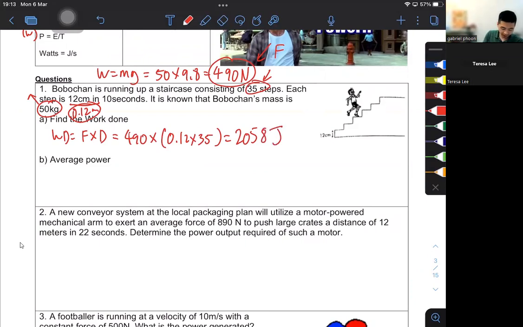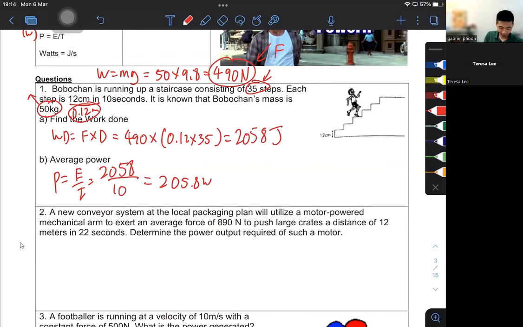Okay. Then after that, you're supposed to get the power, which is energy over time. In this case here, you already found the energy, 2058, divided by the time, which was 10 seconds. So you get 205.8 watts.